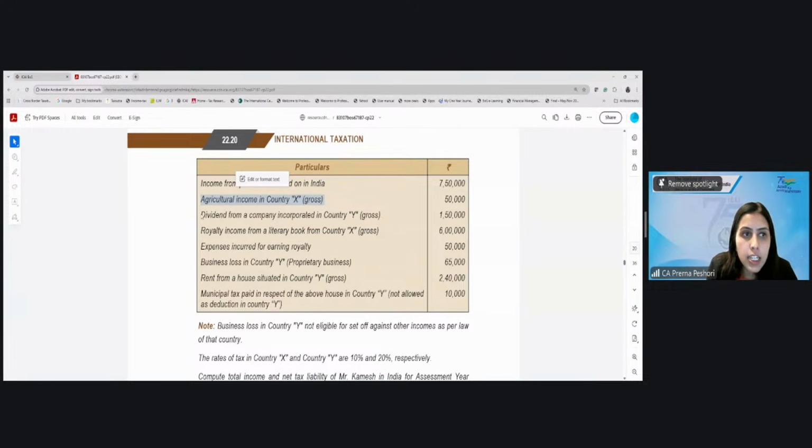Okay. Dividend from a company incorporated in country Y. Under which head will you take it? IFOS. Okay. Royalty income from a literary book from country X, 6 lakh.